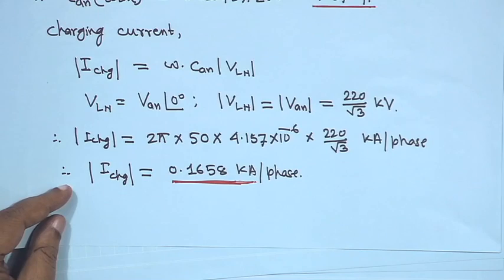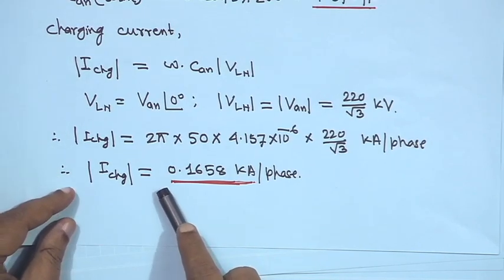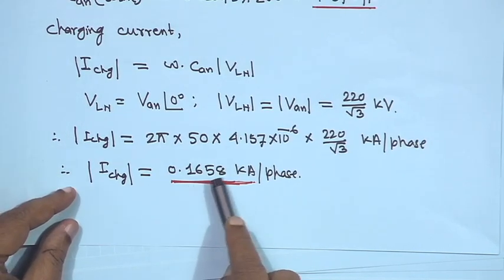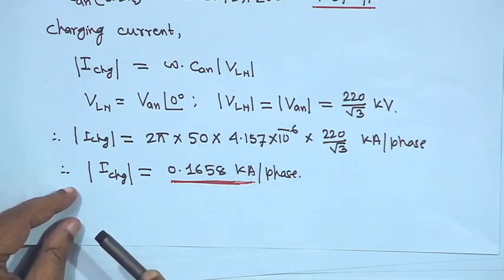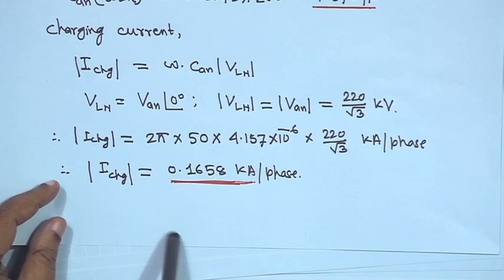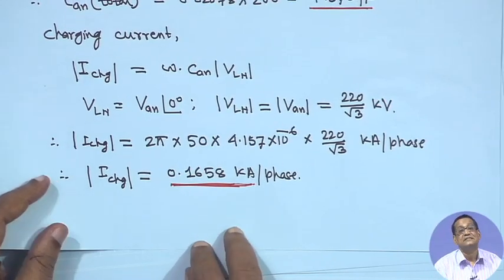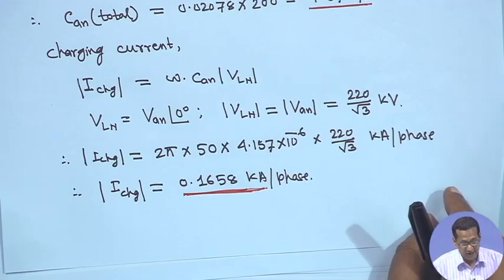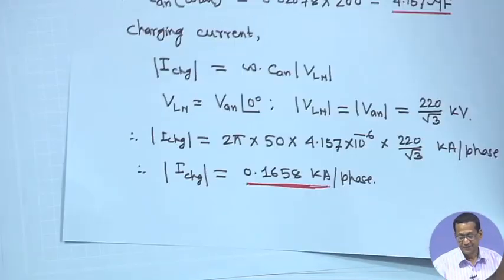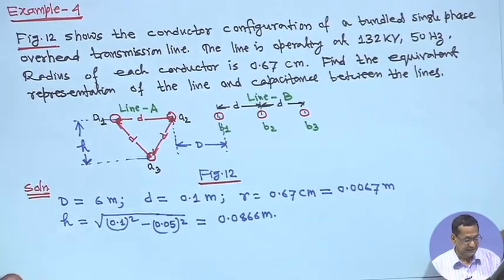That means the charging current actually is not very small, 0.1658 kilo ampere, means 165.8 ampere per phase, right. So, this is how to calculate the charging current, right.